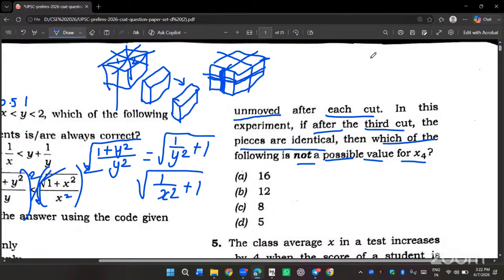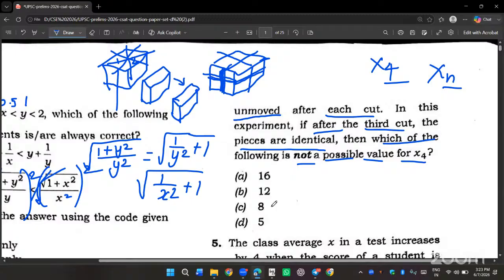It means a fourth cut. I have made three cuts. xn is the number of pieces, n is the number of cuts. So here, fourth cut, three cuts over. So after three cuts, I have got eight identical pieces.